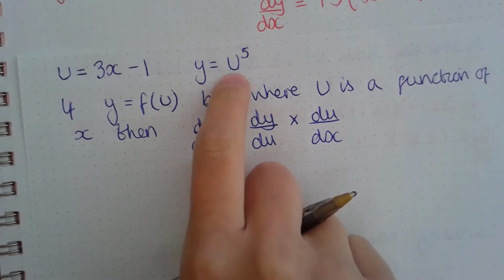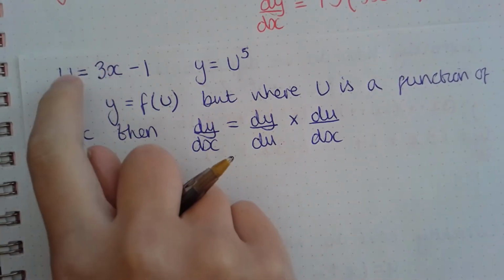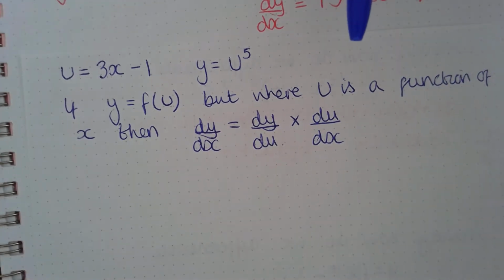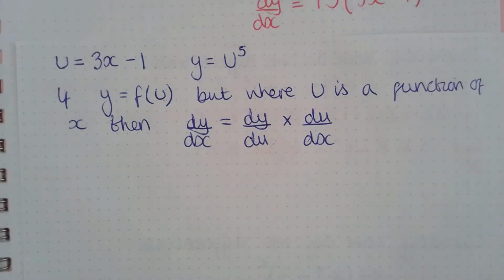So we differentiate this with respect to u, then we differentiate this with respect to x, and we multiply them together. That's what we're going to do.